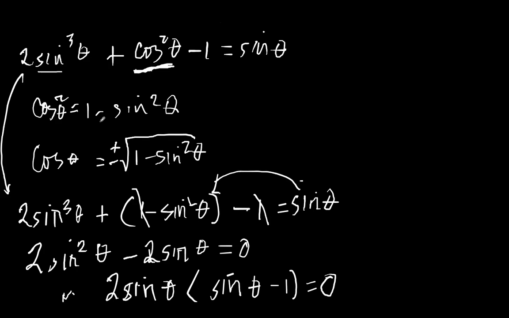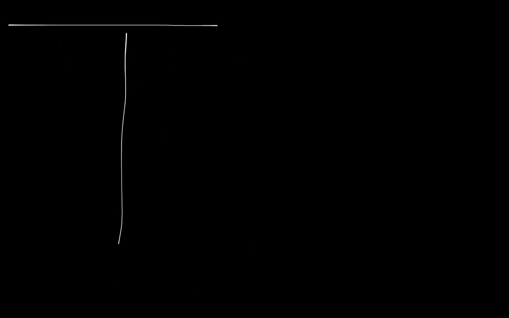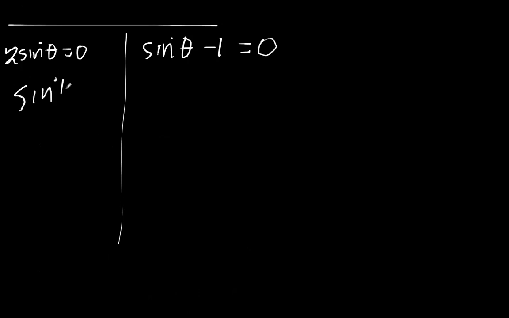Okay. Ano nga ba yun? 2 sine theta equals 0, and the other one is sine theta minus 1 is equal to 0. So we have sine theta is equal to 0 and sine theta is equal to 1.